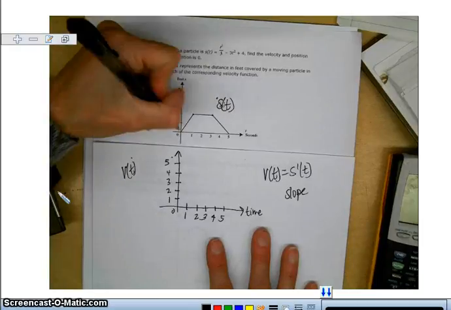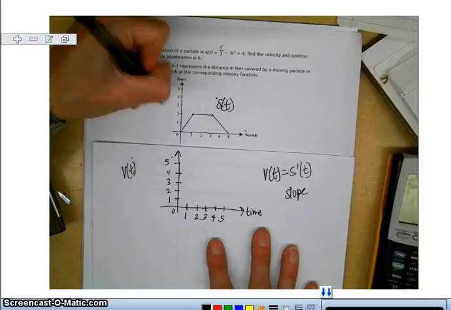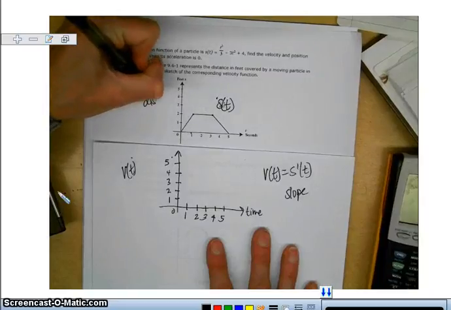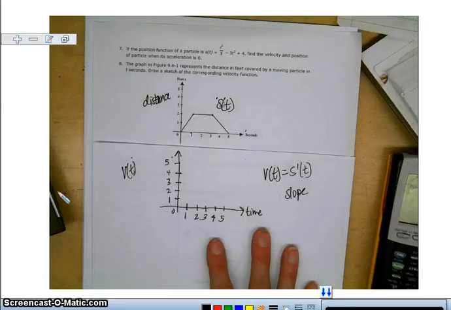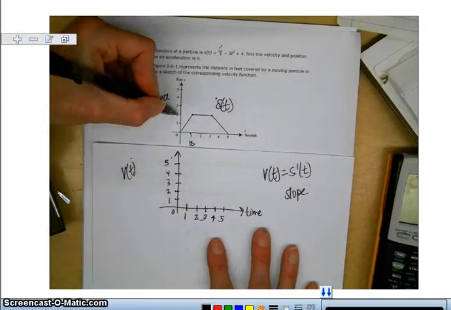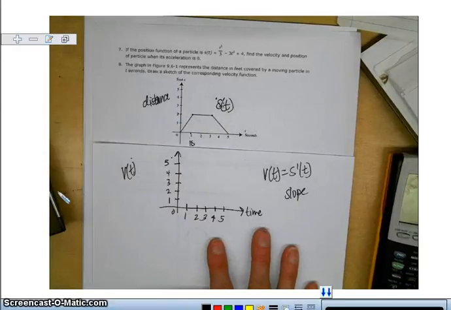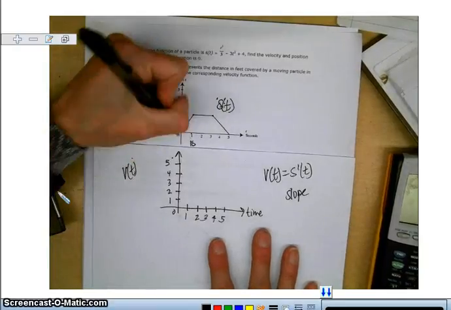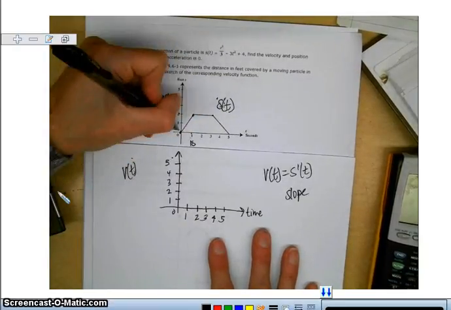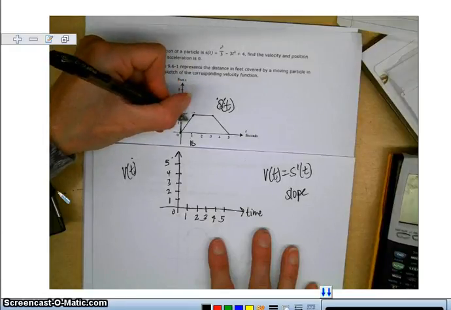If this is my position, basically over a second, a position is the distance. So if I think of this maybe as distance in feet, after 1 second, how many feet have I covered? After 1 second, I've covered 2 feet. So the slope of this line is rise 2, run 1. So the slope of that, the derivative of that, is 2.